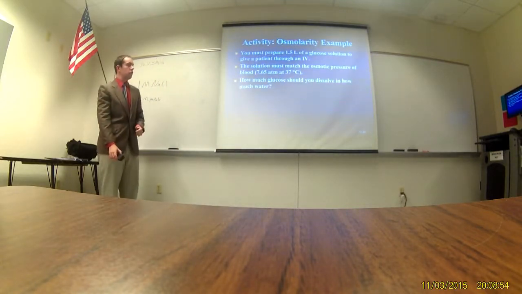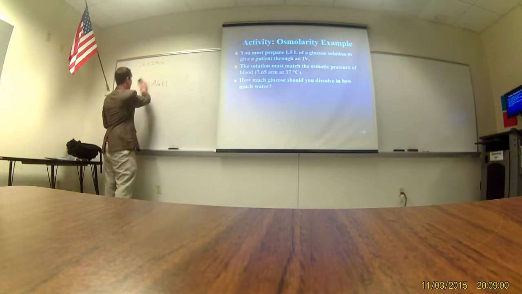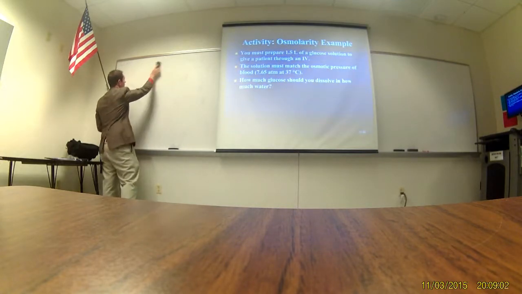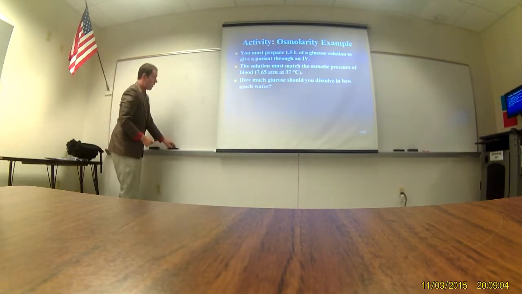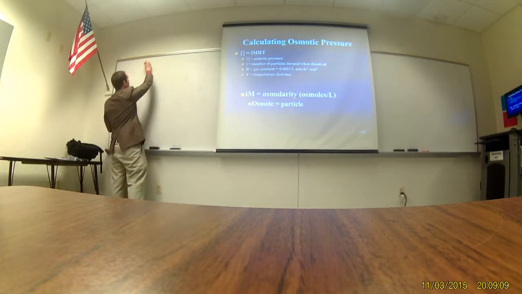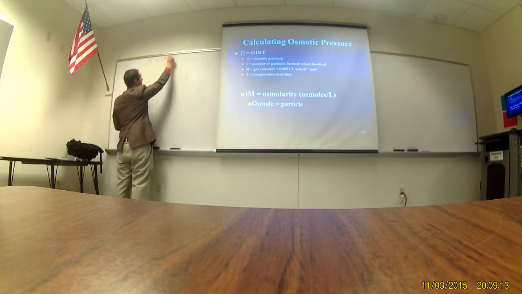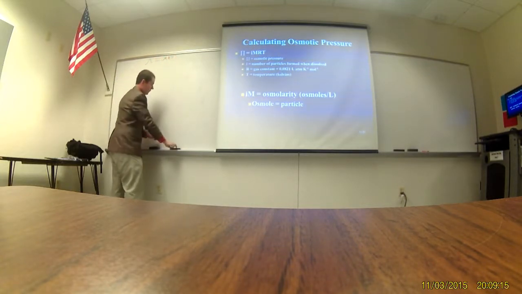How much glucose do we need to dissolve in how much water in order to make the solution that we're going to give to the patient? So let's go back to our equation. Our equation is pi equals I M R T.